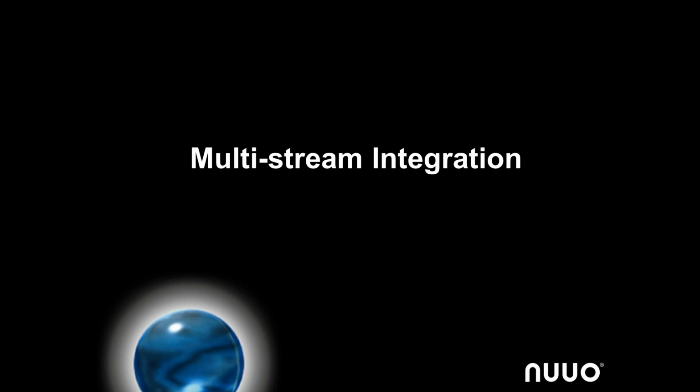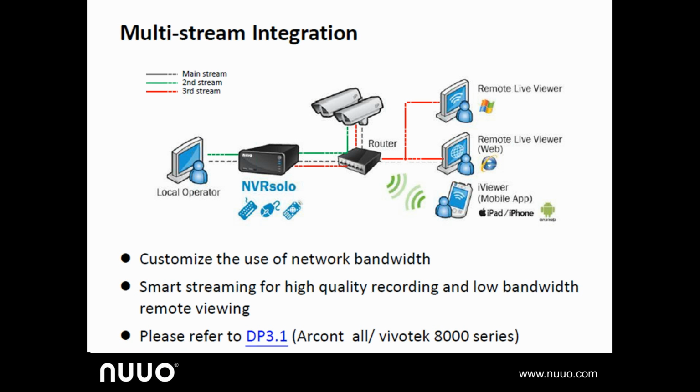At last, I want to introduce a new feature of our NVRsolo, the multiple stream integration. So this is the concept of the multi-stream integration. The idea is that you can customize the use of the network bandwidth, with smart streaming for high quality recording and low bandwidth remote viewing.